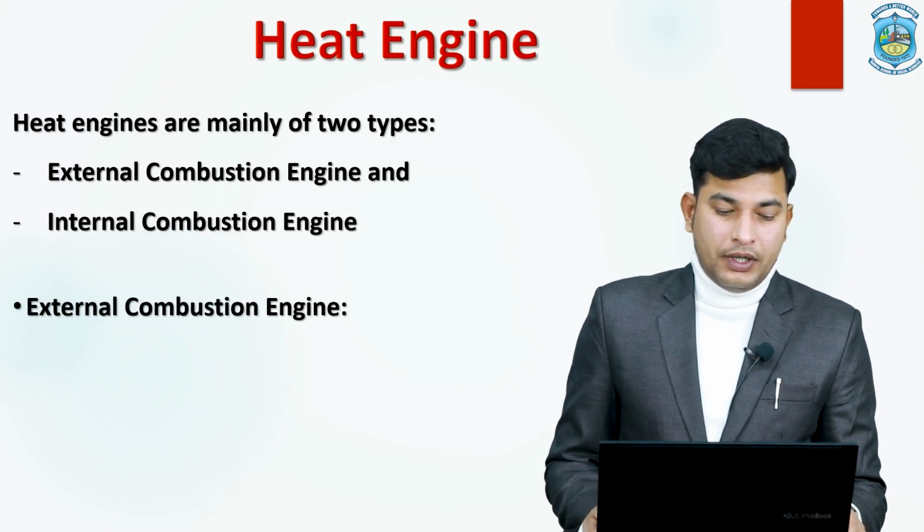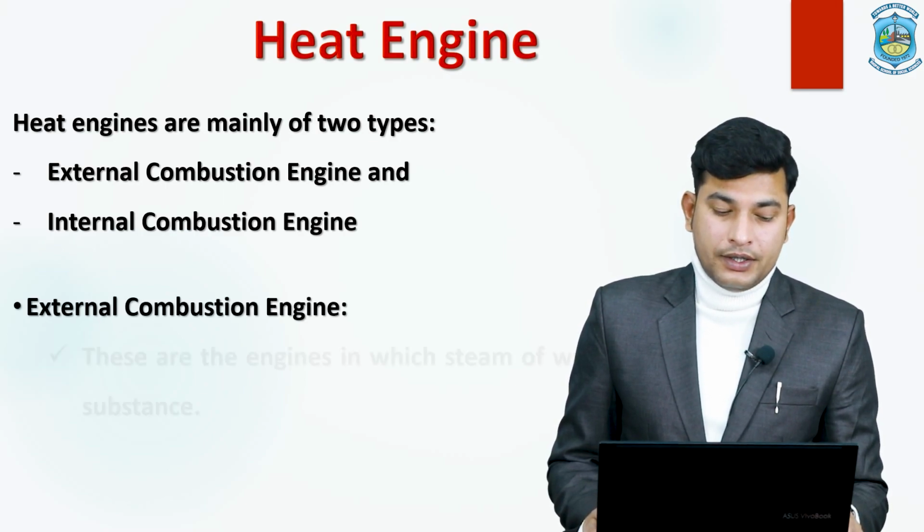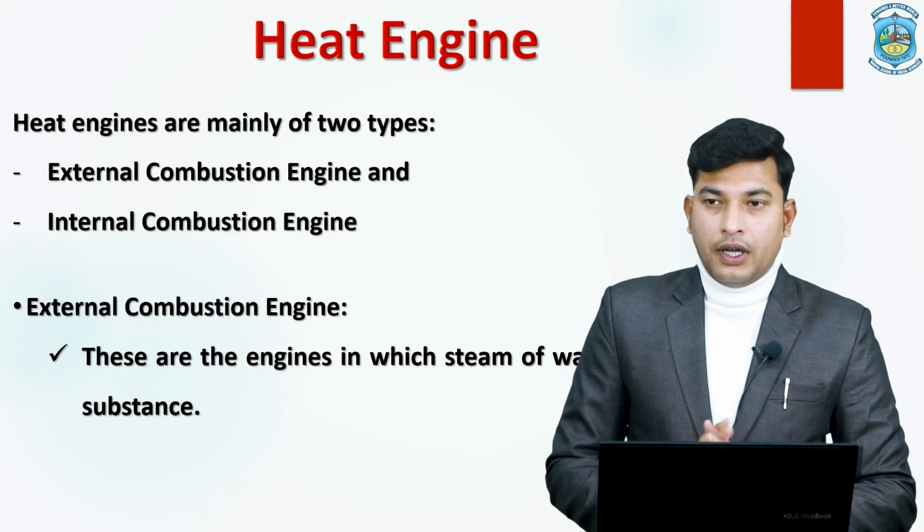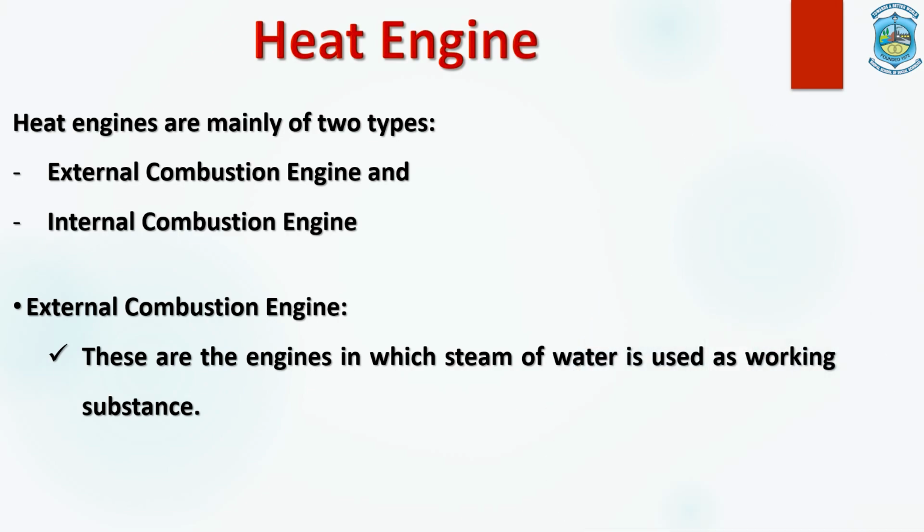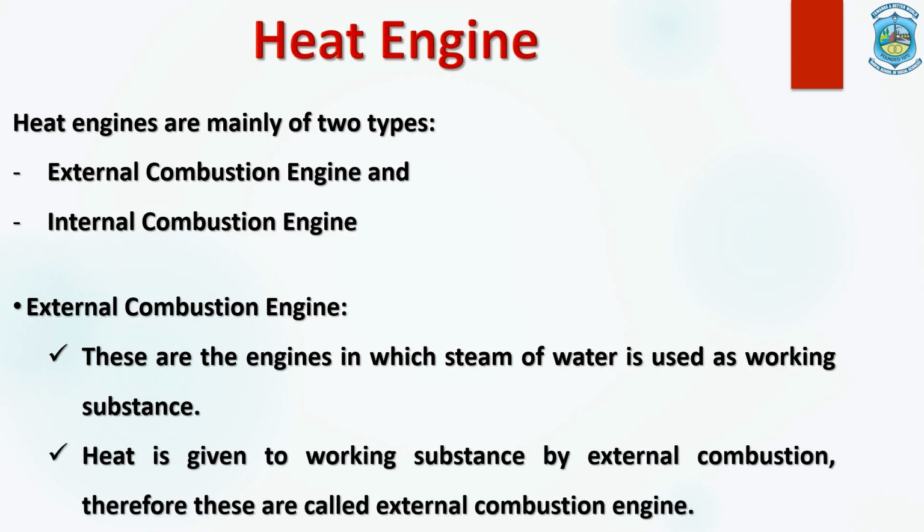In the external combustion engine, the energy that moves the piston for the movement of a wheel or a cyclic process is provided from the external or outside. So this is known as the external combustion engine because of the external burning of fuel, or the steam that is coming from the outside.